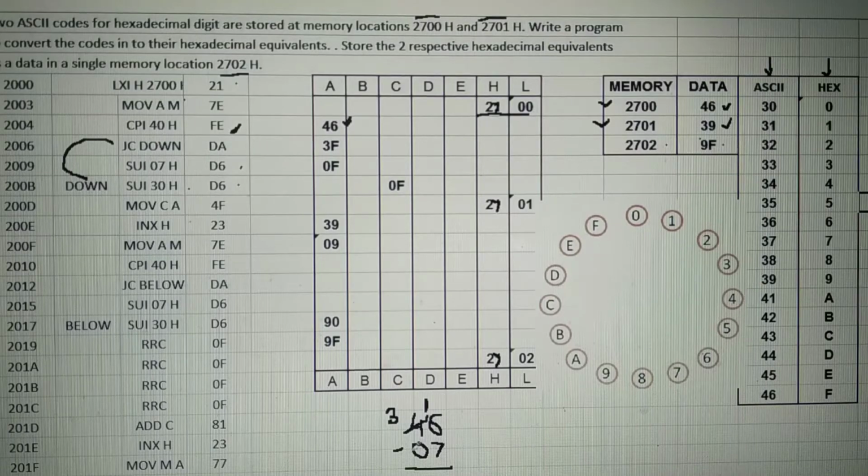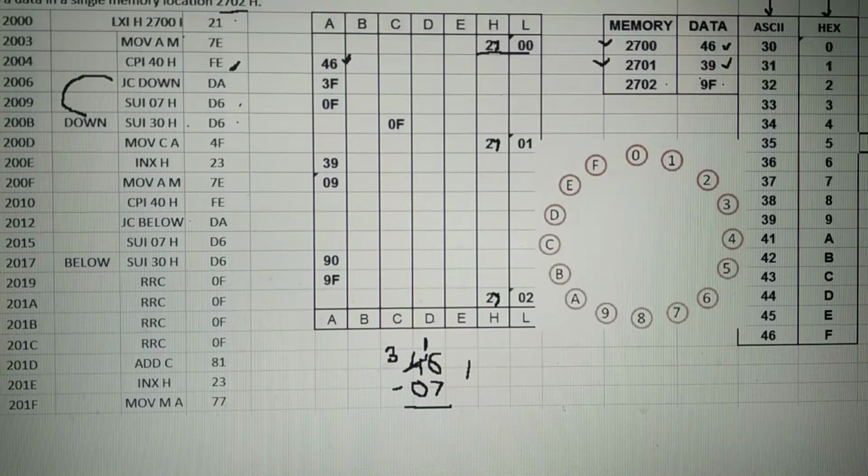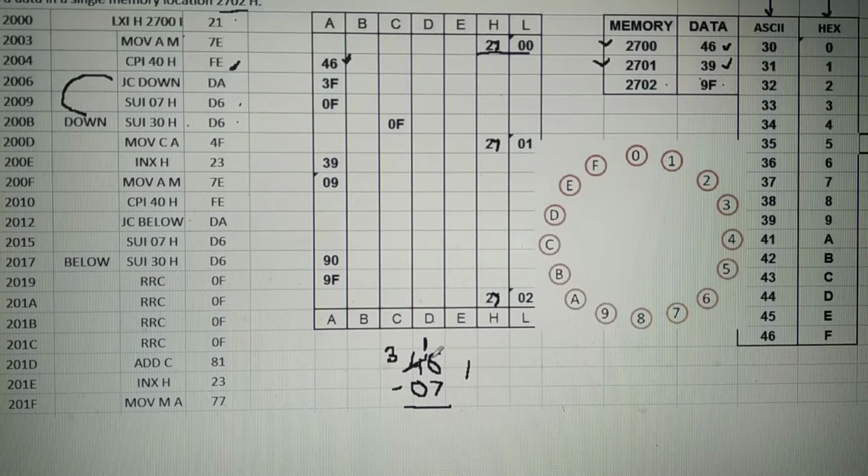46 minus 7. Here the subtraction is shown. How do we perform this subtraction? 6 is less than 7, borrow 1. Here the 4 becomes 3, you borrowed 1, so it becomes 16 in hexadecimal.